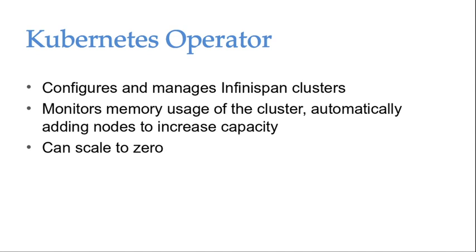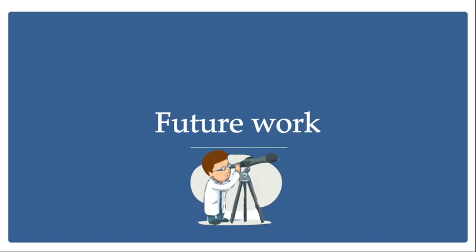It monitors the memory usage of those clusters, automatically adding nodes to increase capacity. And it can also scale to 0 once there is no data in the cluster. So I think we have also solved one of the items in the mission plan we had at the beginning.